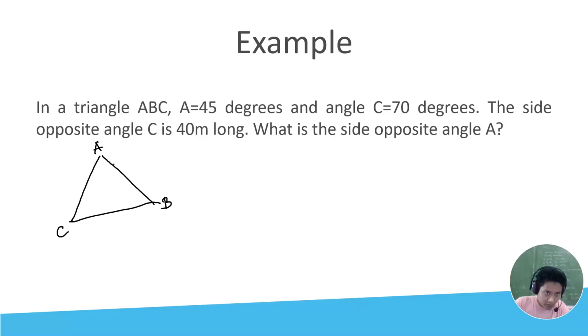Angle A is 45 degrees, angle C is 70, and the side opposite angle C is 40 meters long. So this is side C, 40 meters. What is the length of side A?